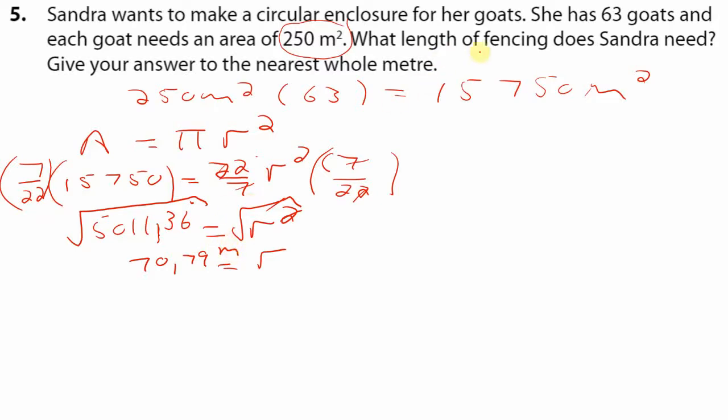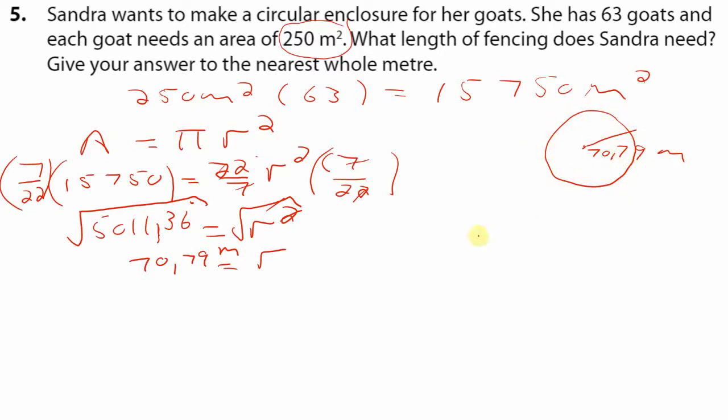Okay, but this is the radius, that's not the length of the fencing. So remember, we have the circular fence, we have now the radius of 70,79 meter. We want the fencing that is needed.